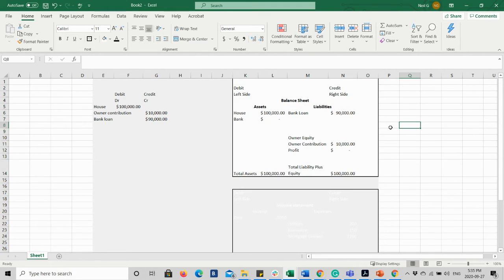Now, a basic question. Usually when it comes to salary, it says salary is credited to your account, whereas I'm saying it's a debit for your asset. So it's quite confusing.